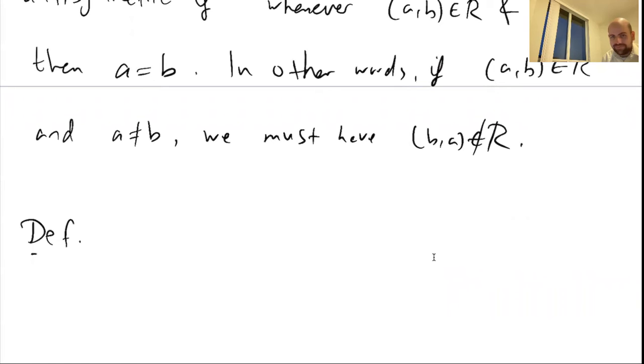So next definition. We did the definition of symmetric and antisymmetric.